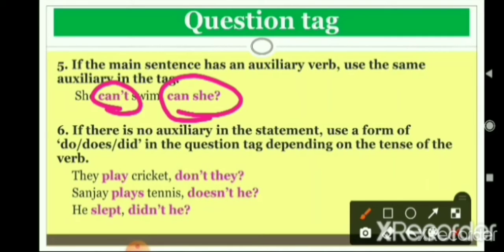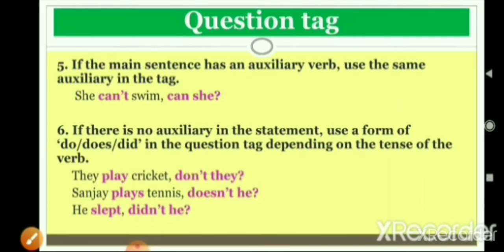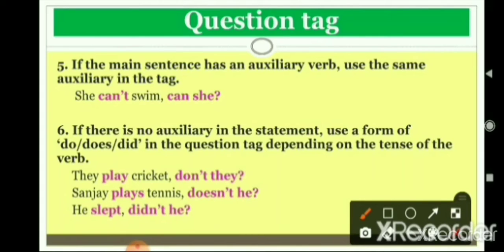If there is no auxiliary verb in the statement, use a form of do, does or did in the question tag depending on the tense of the verb. So as I told you before, if the sentence contains a main verb, read this sentence: they play cricket. Which is the main verb here?